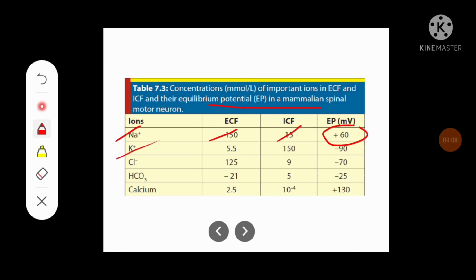Whereas for potassium, the ECF concentration is 5.5 millimoles per liter, the ICF concentration is 150, and the equilibrium potential is minus 90 millivolts. For chloride, it is 125, 90, and minus 70 millivolts, whereas for bicarbonate, the equilibrium potential is minus 25, and for calcium, the equilibrium potential is around plus 130 millivolts.